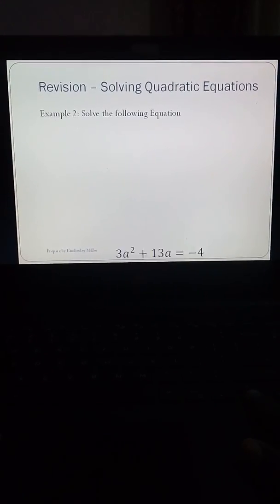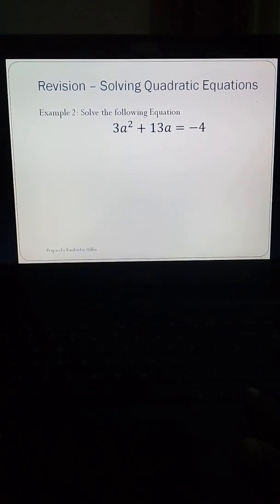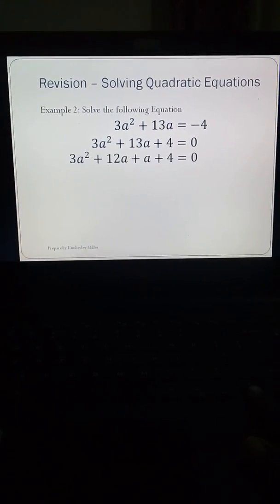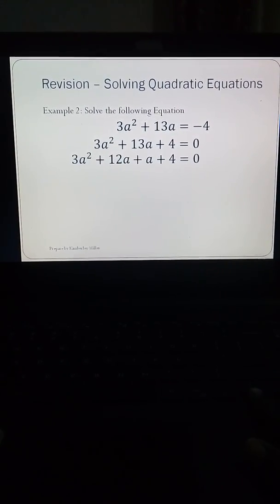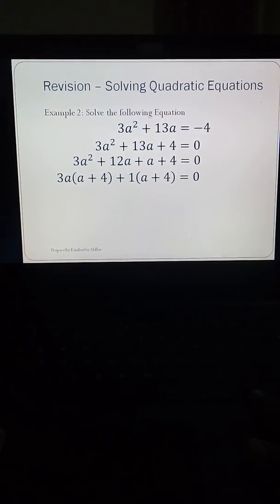Looking at another quadratic, we have 3a squared plus 13a is equal to negative 4. For this one, we are going to factorize the quadratic first, and then we are going to simplify.